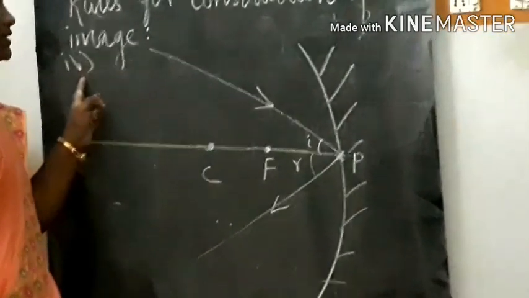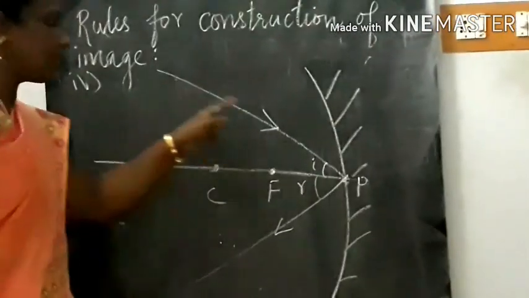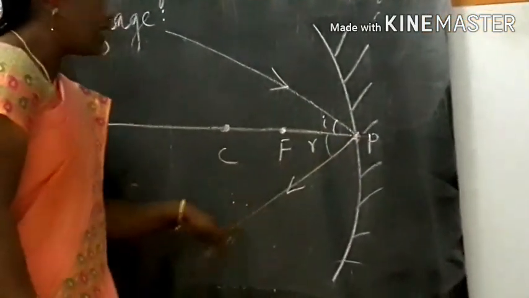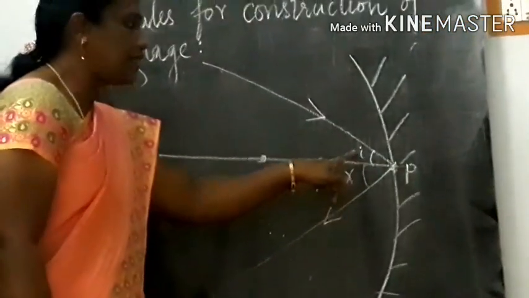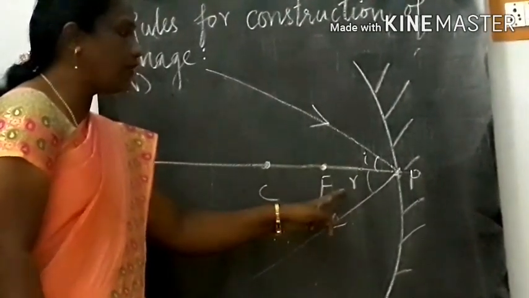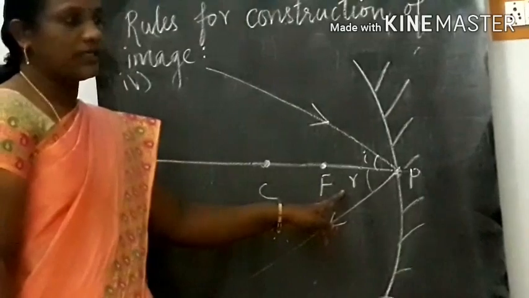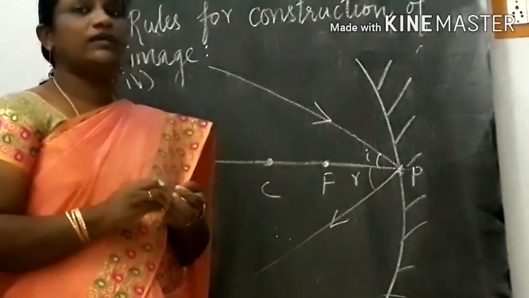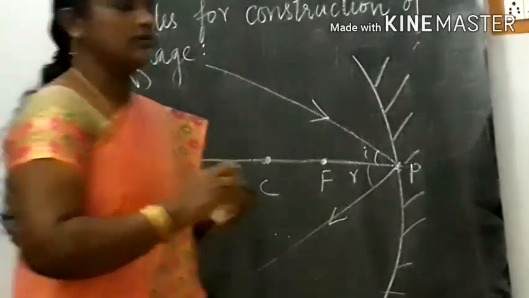So the fourth rule is that a ray that is incident at the pole P reflects forming angles I and R, so the angle of incidence will be equal to the angle of reflection. These are the four rules for the construction of the image in a spherical mirror.